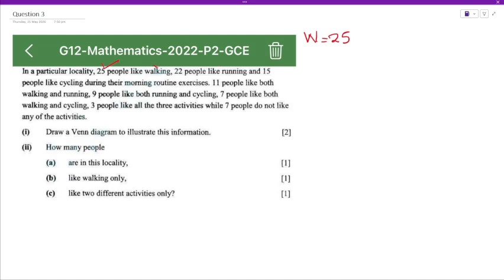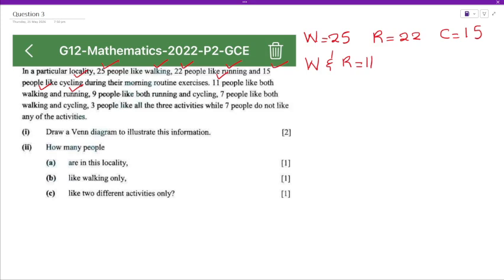So 25 like walking, 22 people like running. Okay, so running, we say R, it's 22 guys. Then 15 people like cycling. Let's call it C, there are 15. And then during the morning routine exercises, 11 people like both walking and running. So walking and running, we have 11 people.